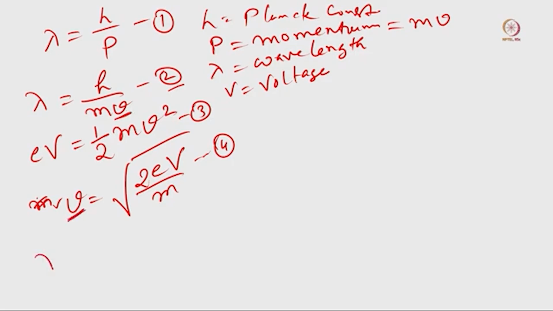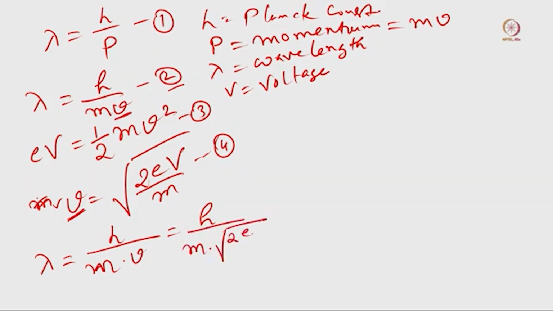So now if we just consider lambda equals h by mv, it becomes h by root of 2eV by m times m, and now it will come h by root of 2emV.